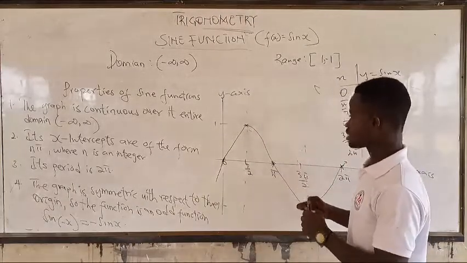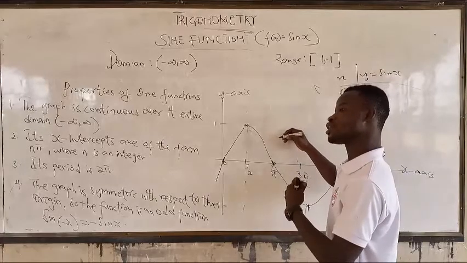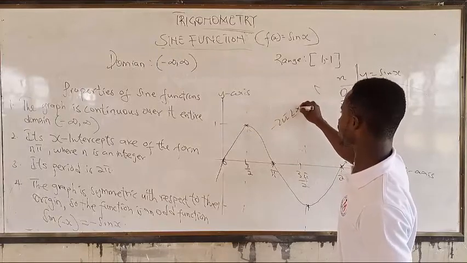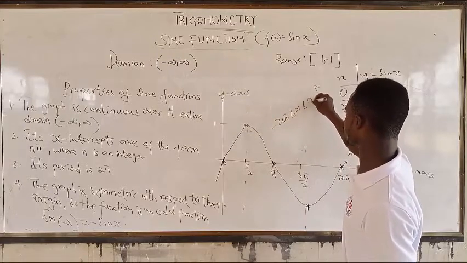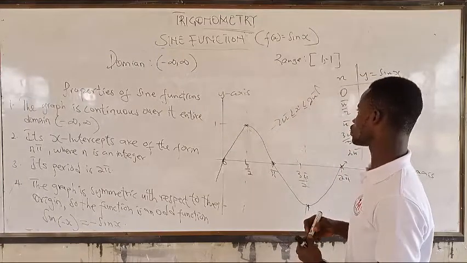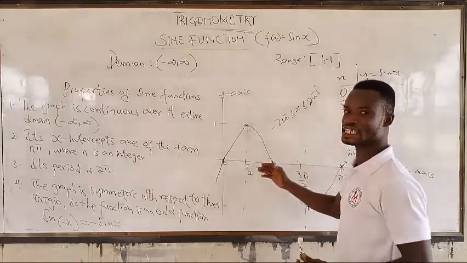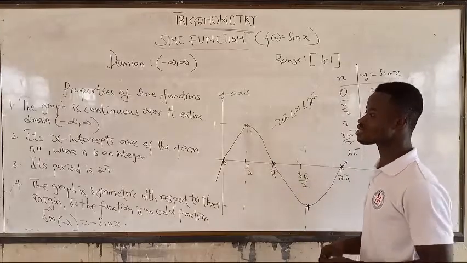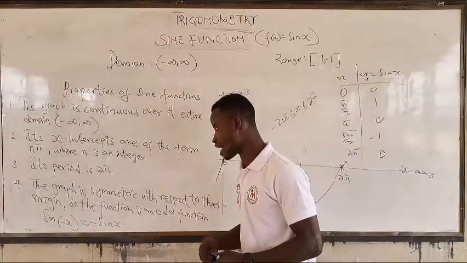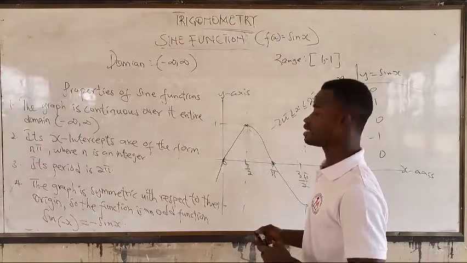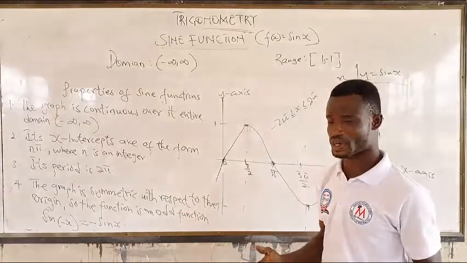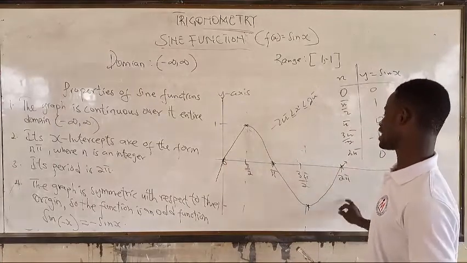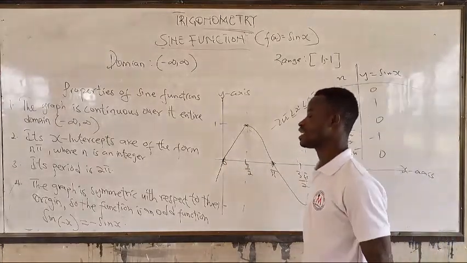When you consider it on the negative side, you say -2 pi is less than or equal to x, which is less than or equal to 2 pi. So for positive it is 2 pi, for negative it is -2 pi. That is that. For sine, the period is 2 pi. And when we say a period, I hope you know what we are talking about. That is, when it starts from 0, it ends at 2 pi. That is the period.